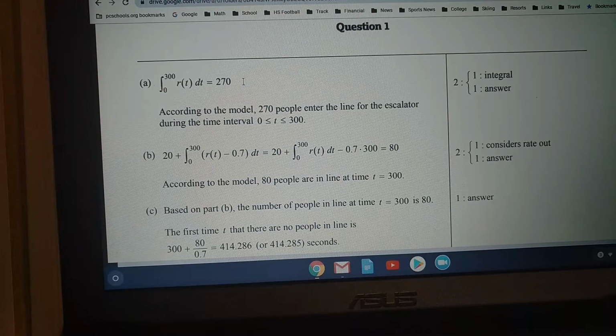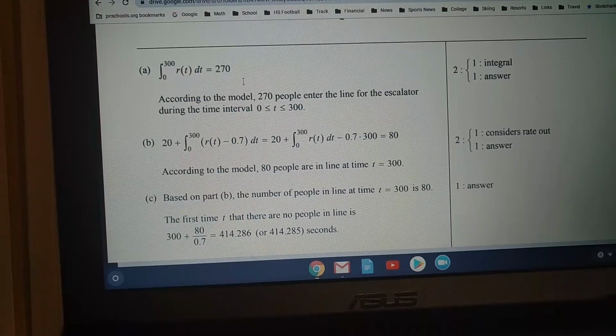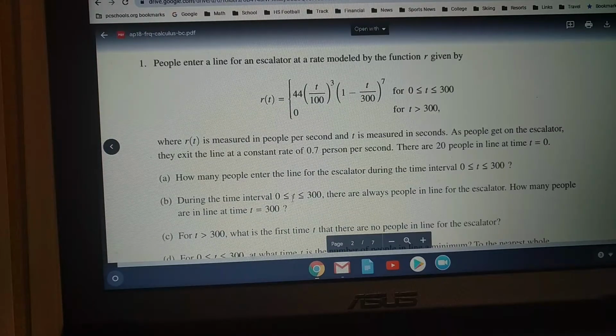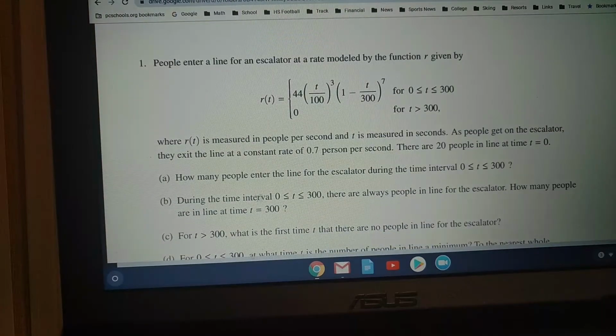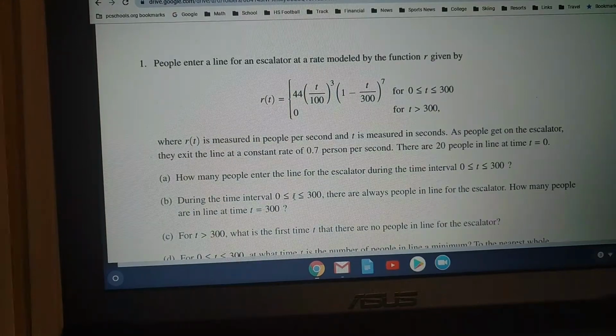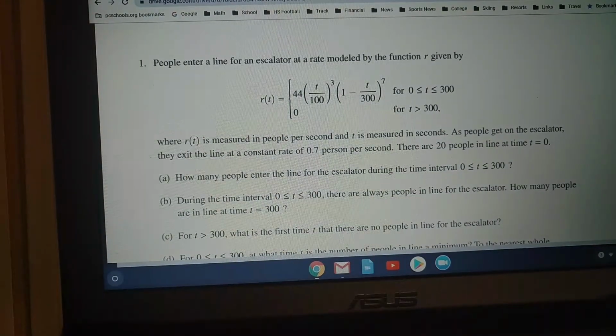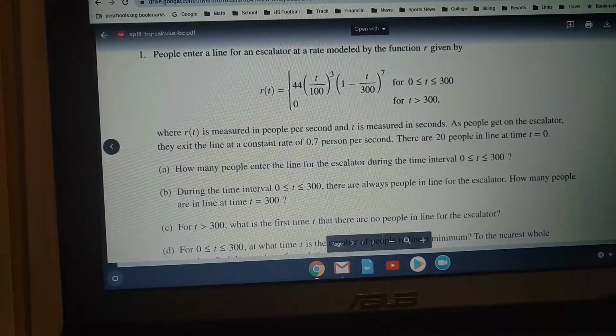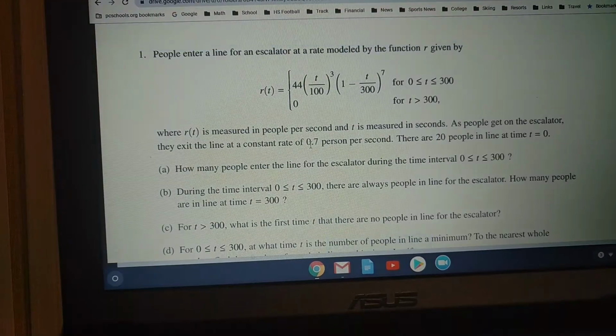Okay, part B. What we have to do here is not just consider how many people enter the line, but also the fact that people are leaving the line. So on part B you have to consider that the exit is this constant value here.